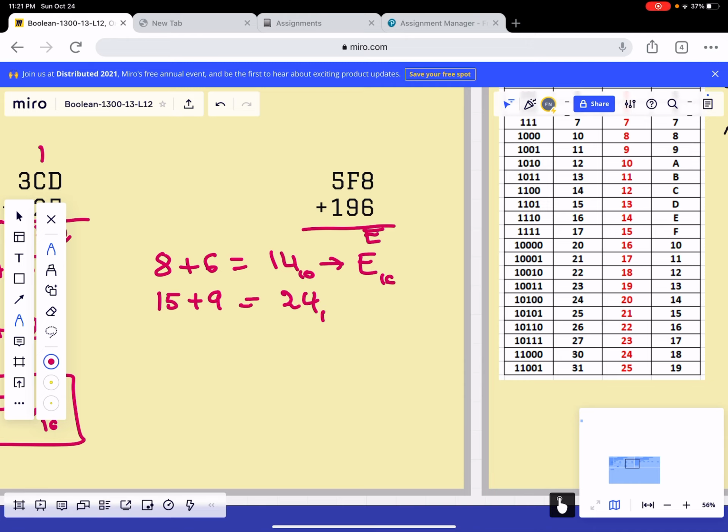All right, 24, and you change to the hexa, becomes 16 plus 8. So 1 times 16 to the 1 plus 8 times 16 to the power of 0, so equal 18. I write out 8, and I carry 1. 1 plus 5 plus 1 is 7. So the answer is 78E.